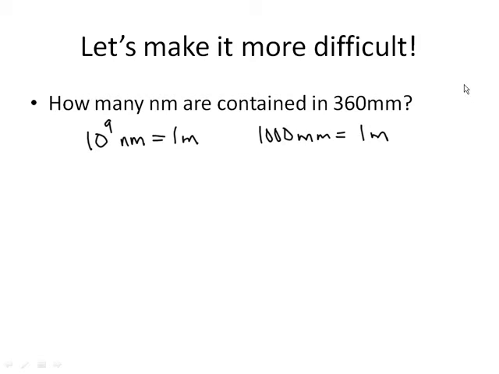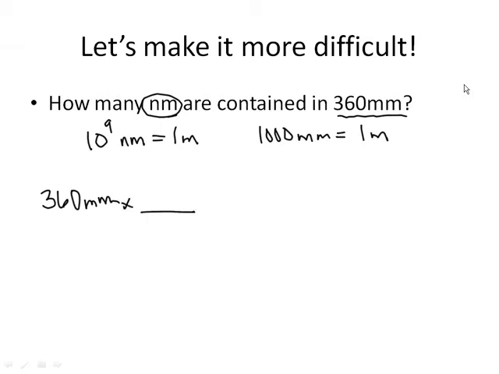So in terms of my plan here, I'm starting with 360 millimeters, but I need to get to nanometers. So I'm going to start my problem with the number that I've been given that I want to change, which is 360 millimeters. And then I need to set up some ratios.